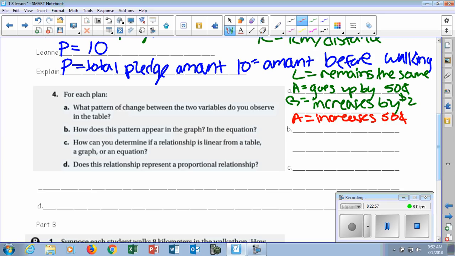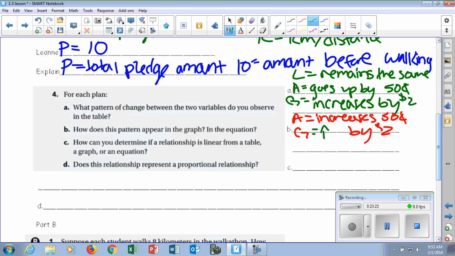Elena, what about Gilberto? I said it increases by $2. Let's do this: increase by $2.